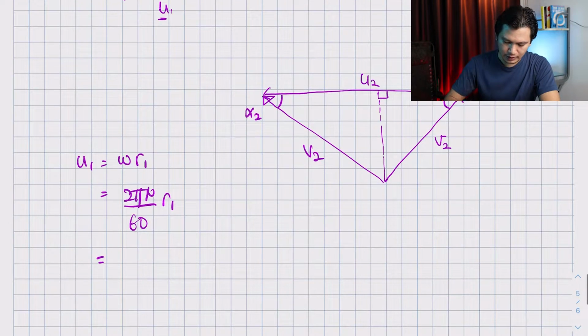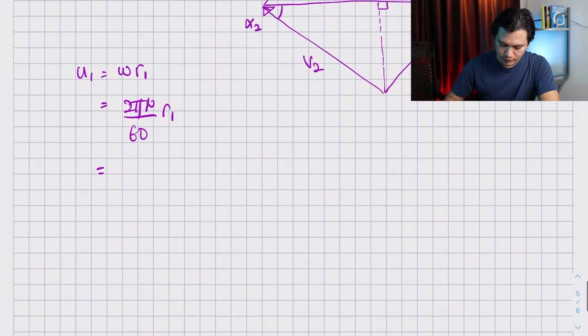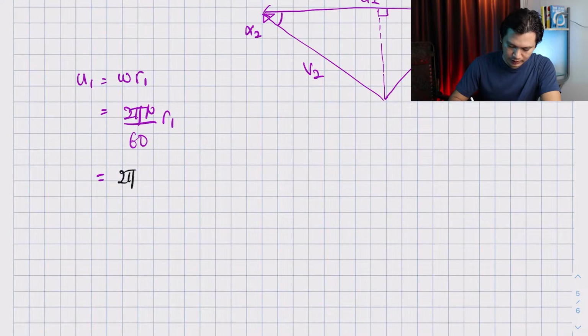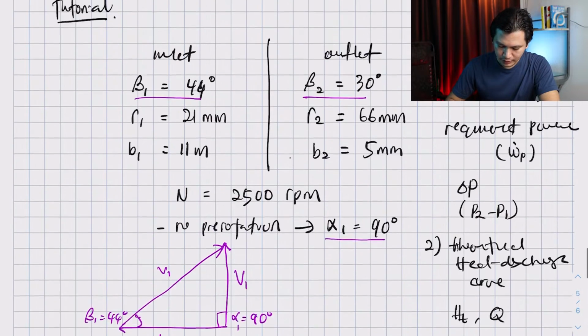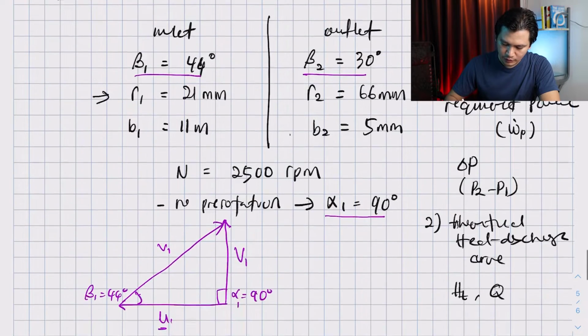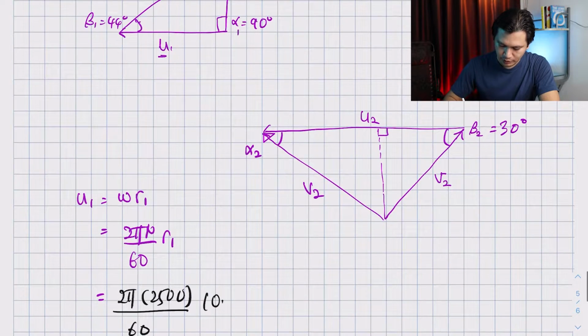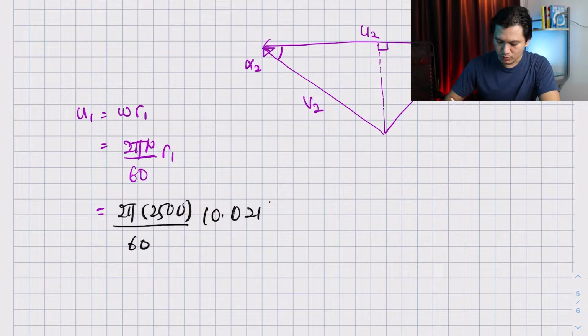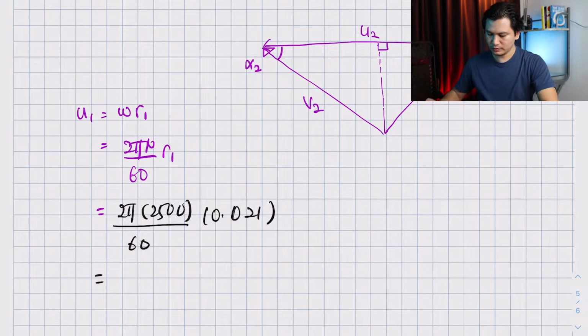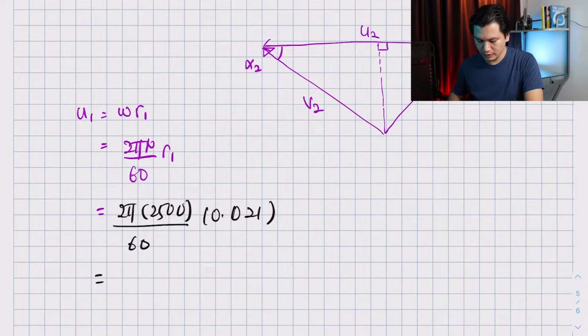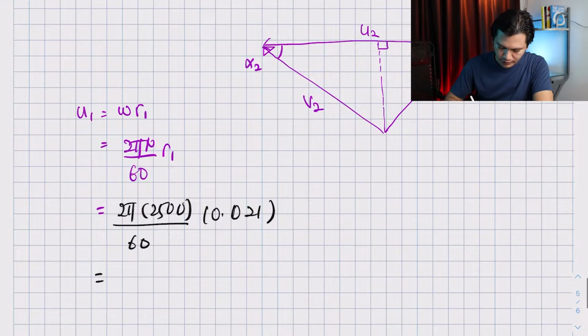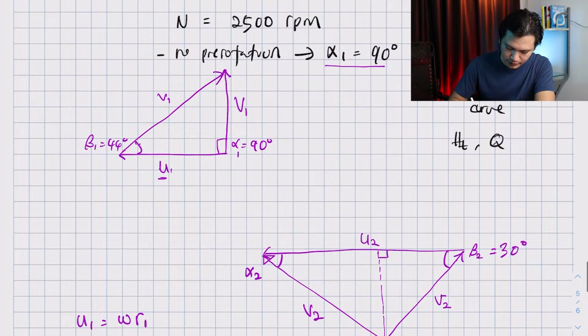Now n is 2500, so this is 2 pi times 2500 divided by 60 times R1, and R1 is 21 millimeters, so this is 0.021. This is equal to 5.5 meter per second. So I'm going to label it here: this is 5.5 meter per second.